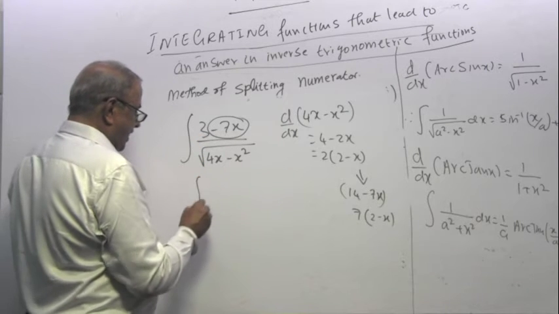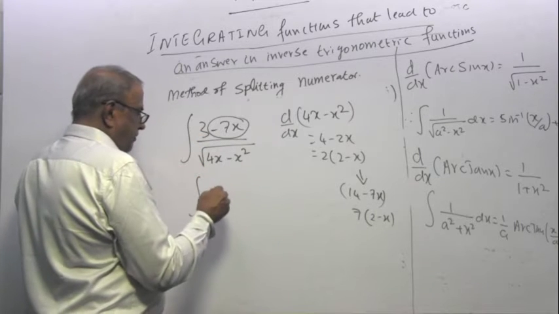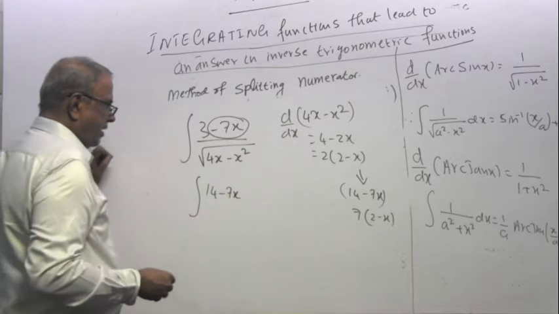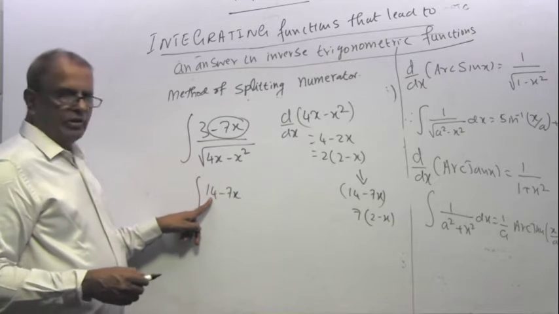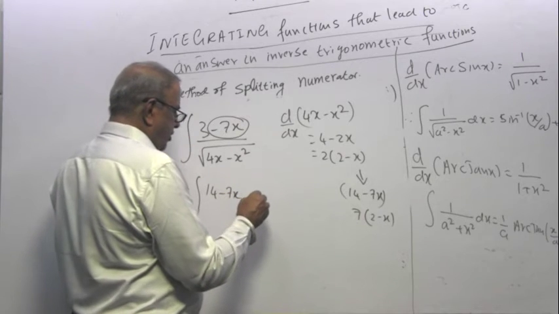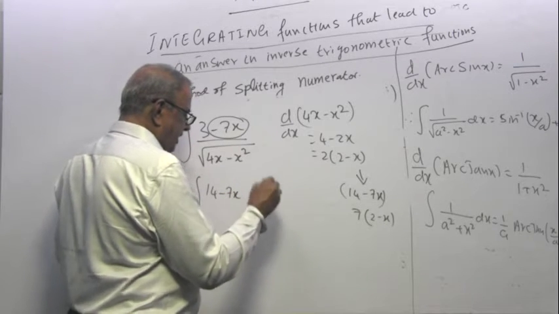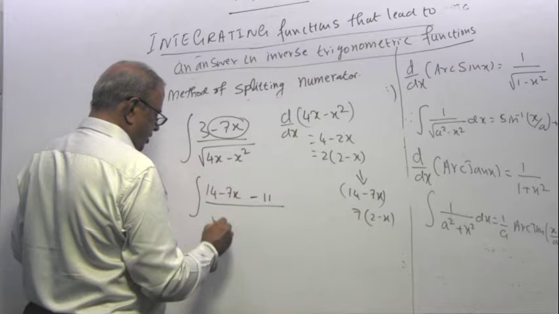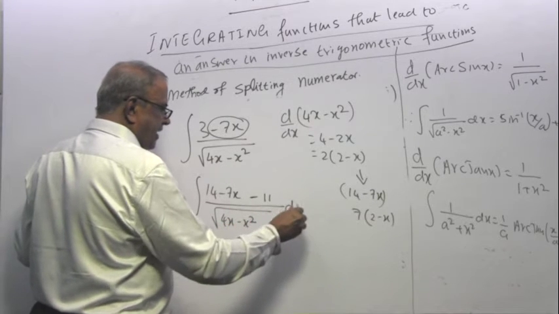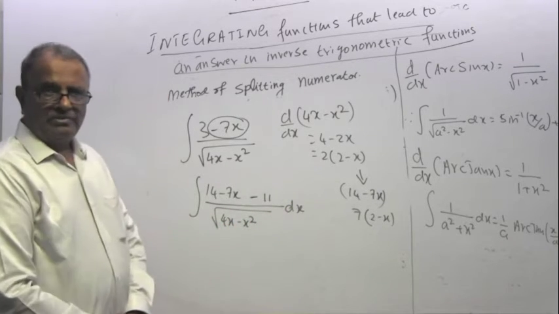So can I write this as, first let's write it as 14 minus 7x. How much have I added? 14. How much should I take away to get the 3? So minus 11 over root of 4x minus x squared dx. Do you understand the logic?